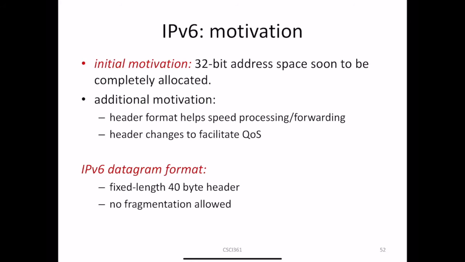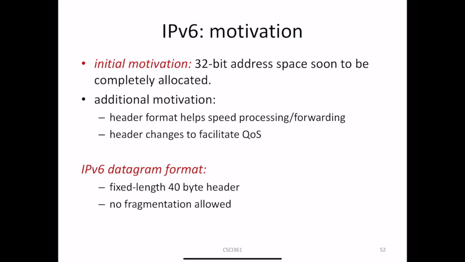Let's continue to see IPv6. The initial motivation, as we already mentioned, is that the IPv4 address domain is limited; it can only provide 4 billion IP addresses, which is not enough nowadays. Therefore, the engineers had the idea to create a wider and larger IP address domain for the entire network.